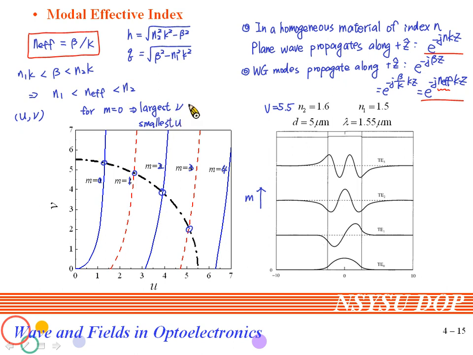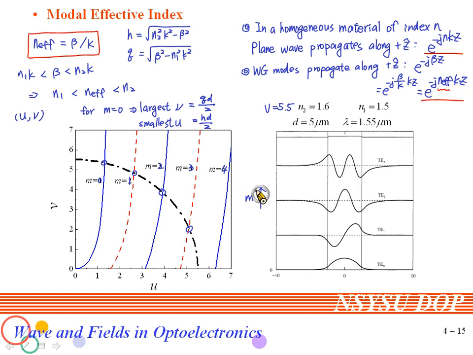As we know, v is q d over 2 and u is h d over 2, which means that the M0 mode has the largest value of v and q, and the smallest value of u and h. By the definition of h and q, the largest q means we have the largest beta.